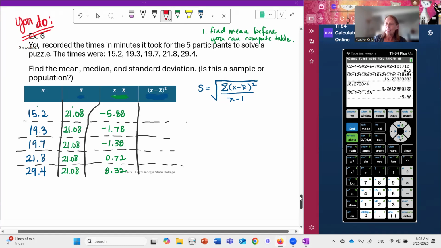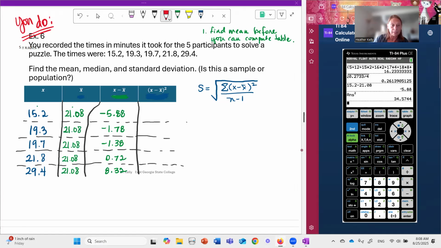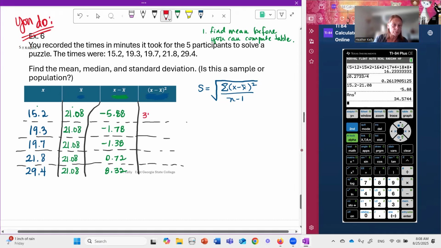If you take that to the power of 2, that's going to give you the nice positive answer. That's me taking the whole answer to the power of 2, and let me just write that down. It needs to go out 3 decimal places, so this is going to be 34.574.